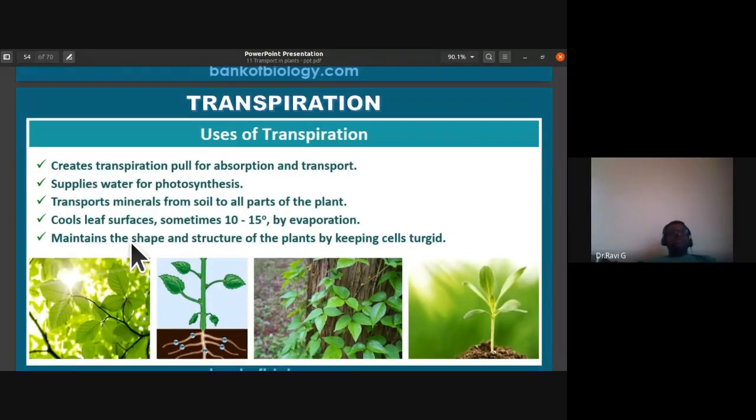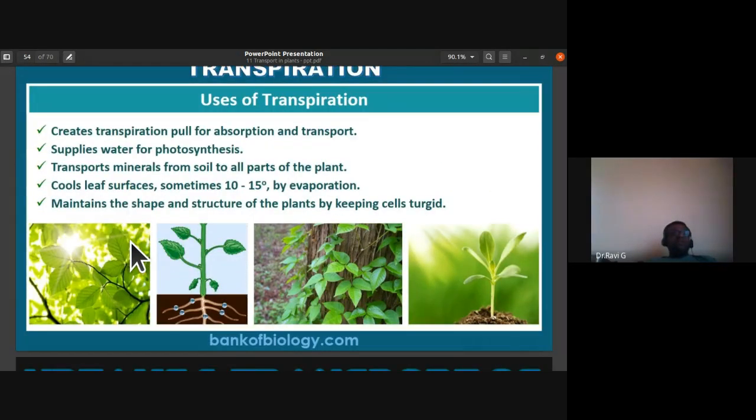As I've told you, a huge amount of water is lost because of transpiration. Whatever water is absorbed, 95% of it is lost. That is why we call transpiration a necessary evil. It is necessary for the ascent of sap, even for translocation of food, but it is also a harmful factor.